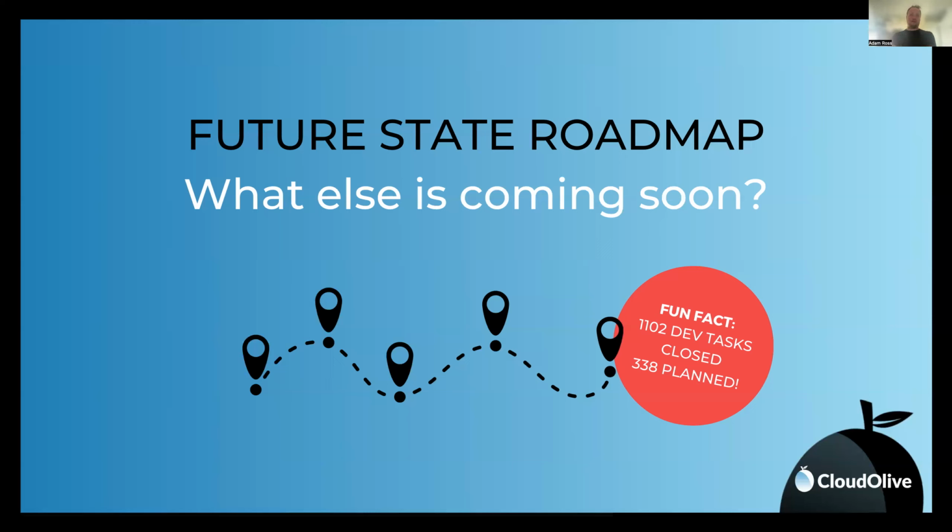I'm mindful we've got 10 minutes to go, so I want to make sure that we cover everything here. We looked at how many tickets have been dev tasks that have taken CloudOlive from nothing to where it is now, and it's a little over 1,100. I'm curious to see, when the product is absolutely perfect for the whole world, what that number will actually look like.